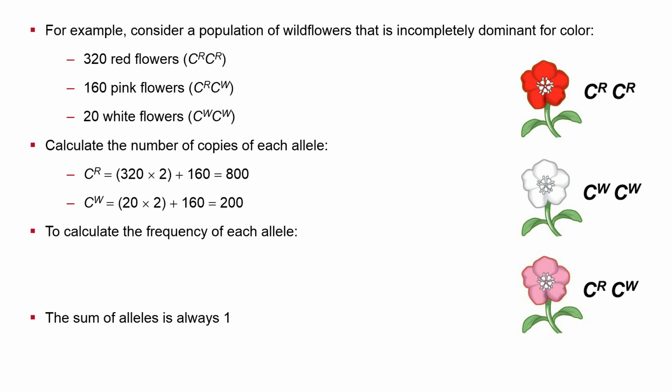Now you have to calculate the allele frequency. We'll designate the red allele as P for this example. 800 out of 800 plus 200, out of 1,000, gives you a frequency of 0.8, or 80%.